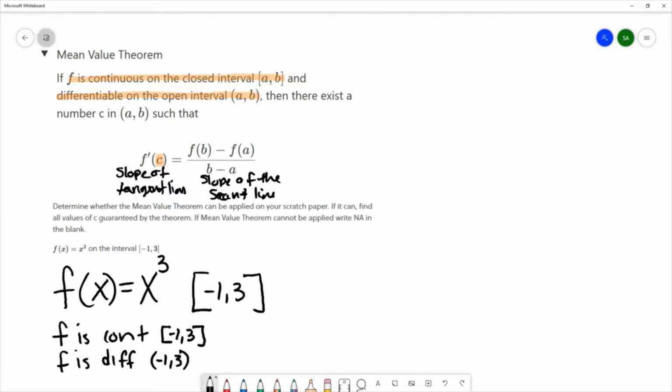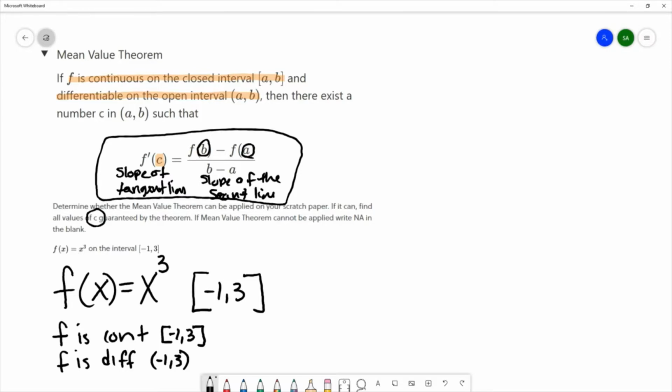So the conditions of the theorem have been met, and we are guaranteed to have this statement be true, where the derivative at some value of c is equal to the slope of the secant line at the endpoints. Remember that a and b are our endpoints. We want to find that value of c that is guaranteed by the theorem.